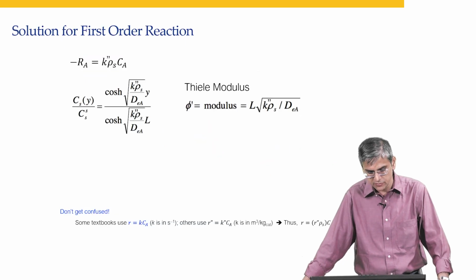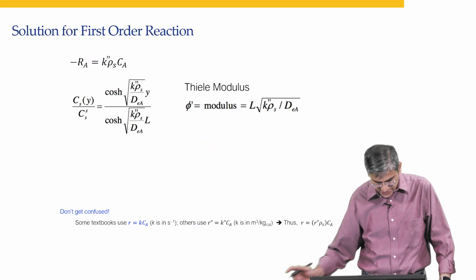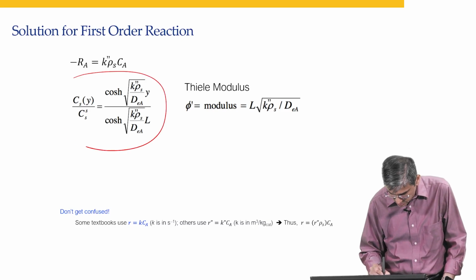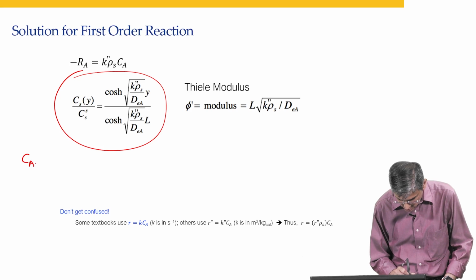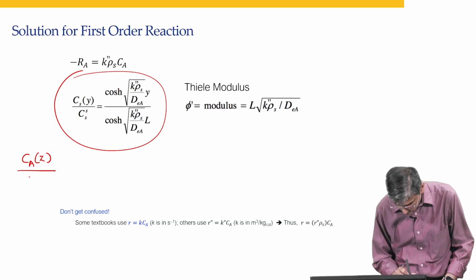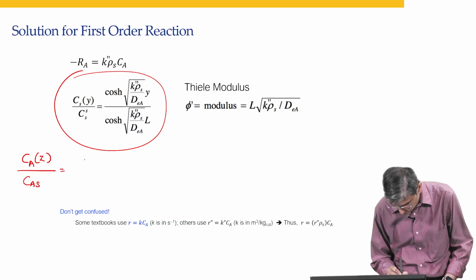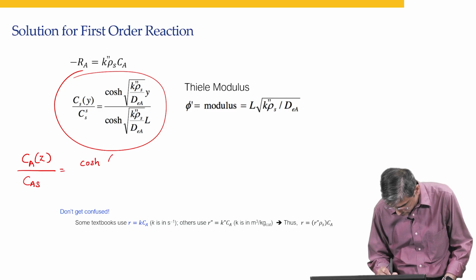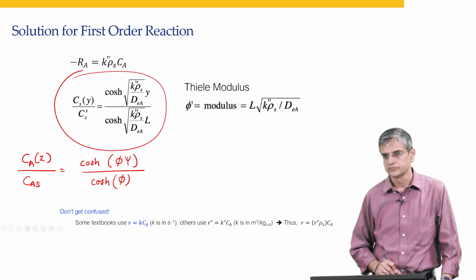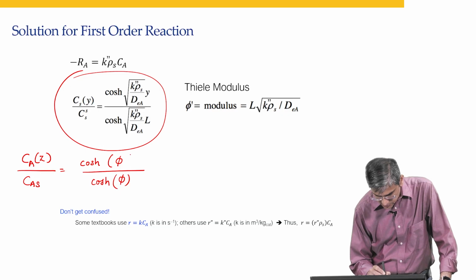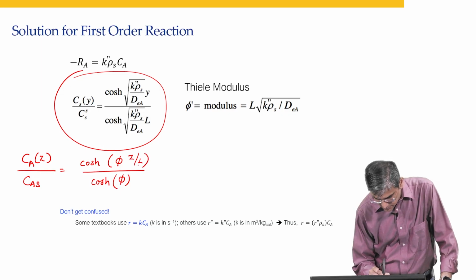You apply the second boundary condition, you will basically get your concentration in this particular form, and this we will just write by Z by L.